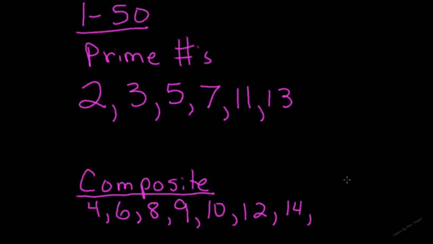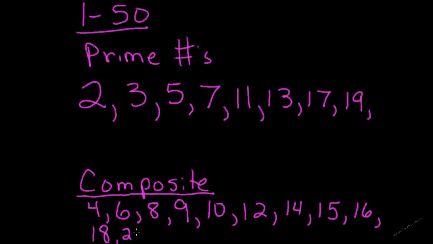Next is 14, an even number, so we know it's composite. 15 ends with a 5, so we know it is divisible by 5, so that gives it the factors of 1 and 15 and 3 and 5, so it goes in our composite list. 16 is even, so we know it goes here. 17 is another odd number that has only two factors, 1 and itself. It's not divisible by any other number. 18 is even, so it would go in our composite list. 19, another odd number that would fall on the prime list, has only two factors, 1 and 19.